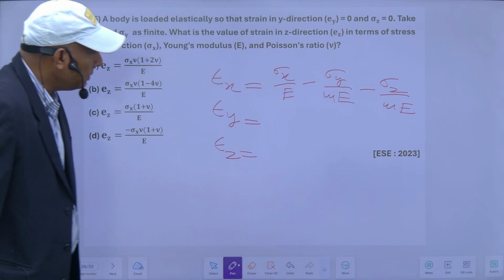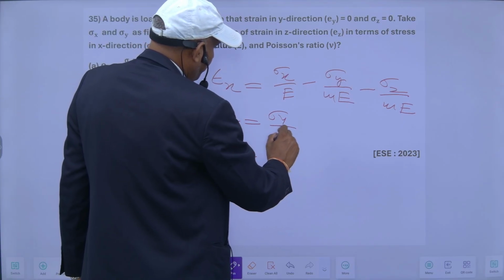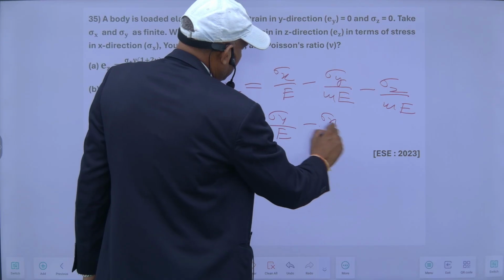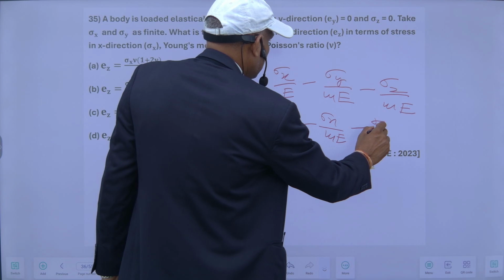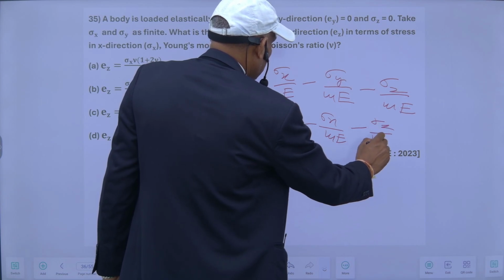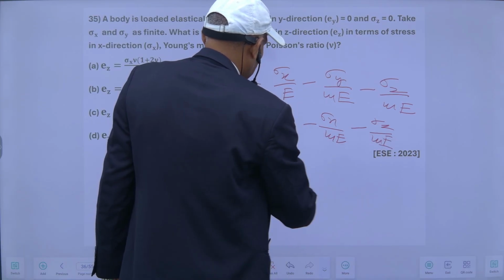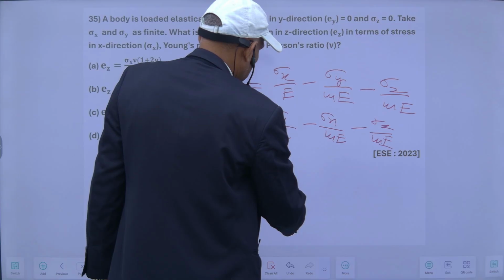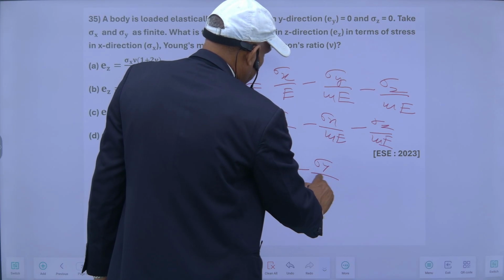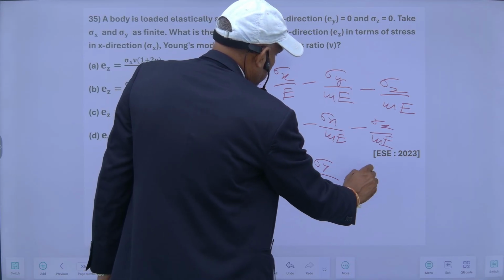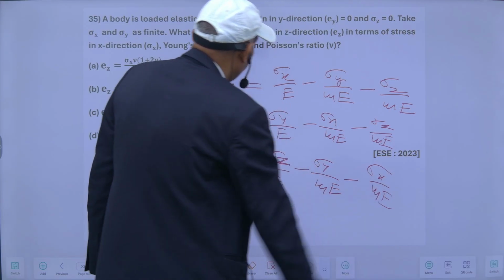So this will be the formula. Similarly, this is so this is the formula.